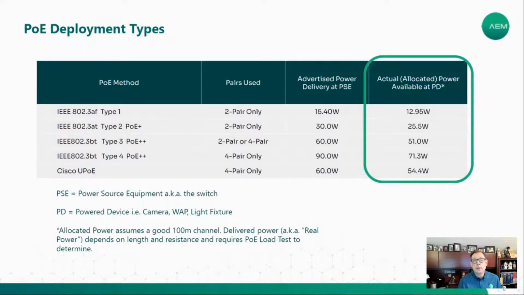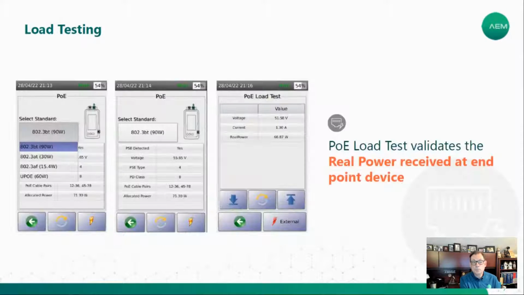Because think about it, if you have a 30-meter run and combined 10 meters of patch cords, and they're both the same low quality, now the patch cords are 25% of that overall channel. They become a bigger factor in that resistance. So we need to consider that as well.